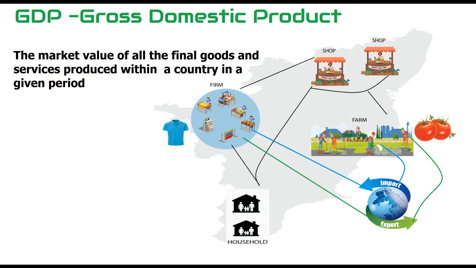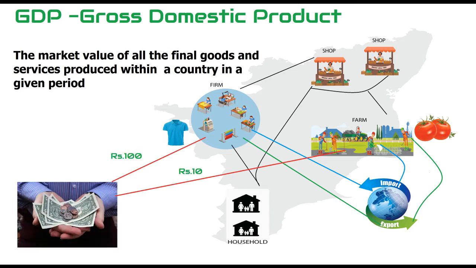In the previous example, we saw the shirt sold at 100 rupees. Shirts were selling at 100 rupees per piece, so the GDP contribution is 100 rupees. When we compare with that definition, the shirt is produced within a country, correct?